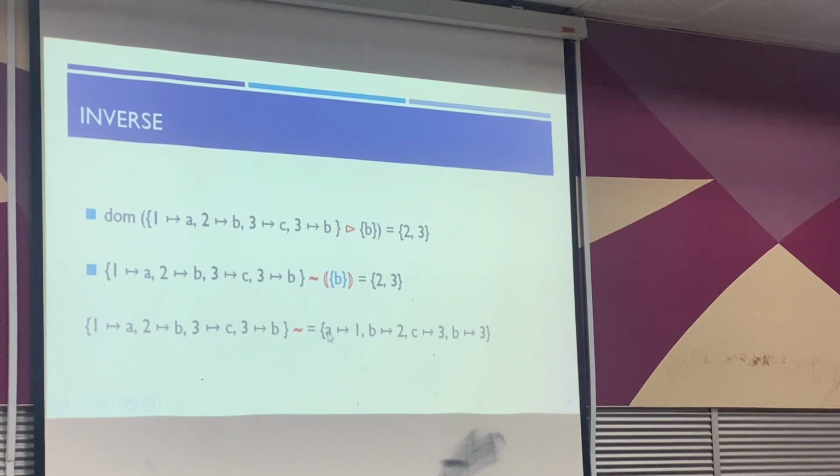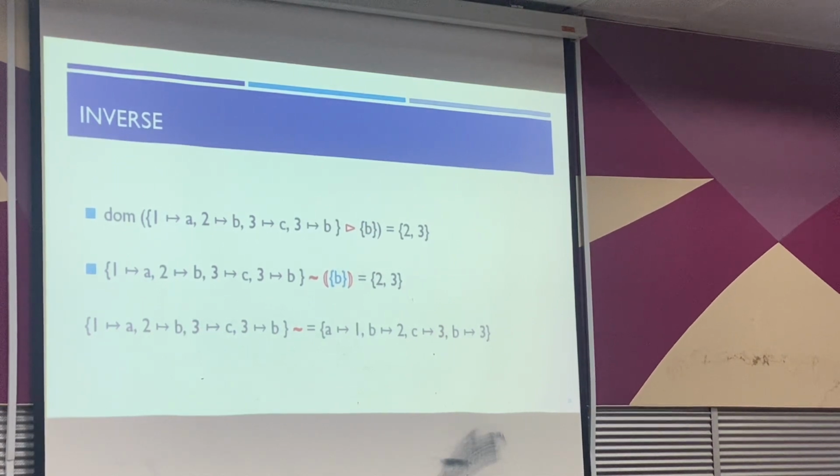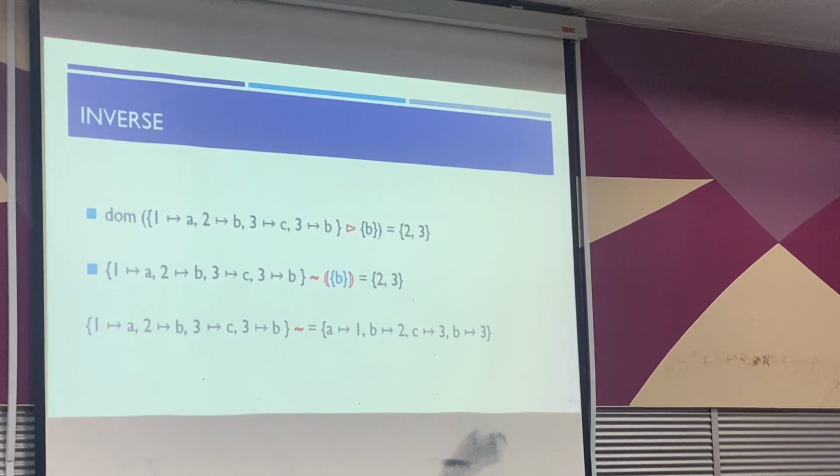Then you can do searching, because for the relational image, remember, it is only the domain data to be searched, not the range data. So you have to swap the place for you to search if you want to use the relational image.